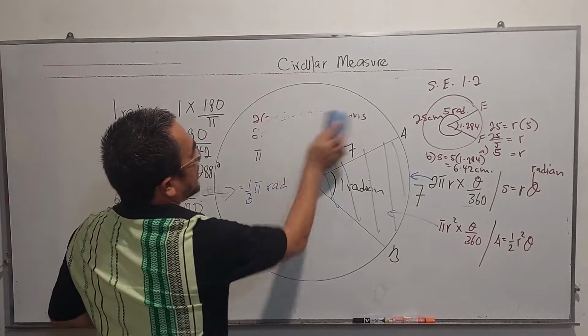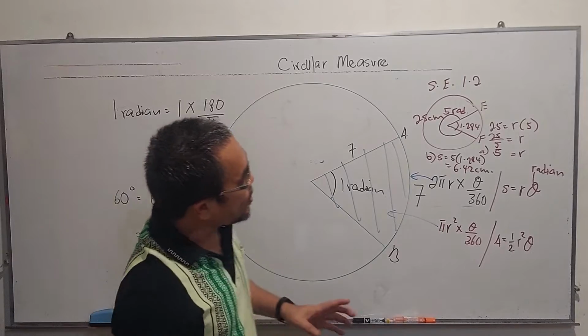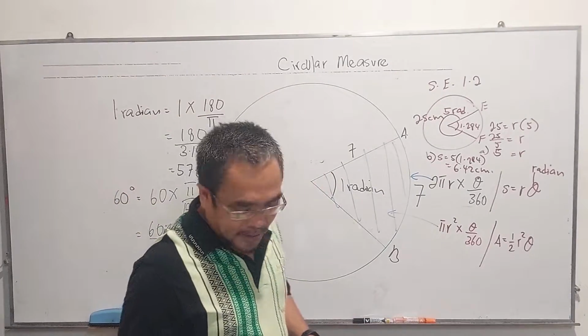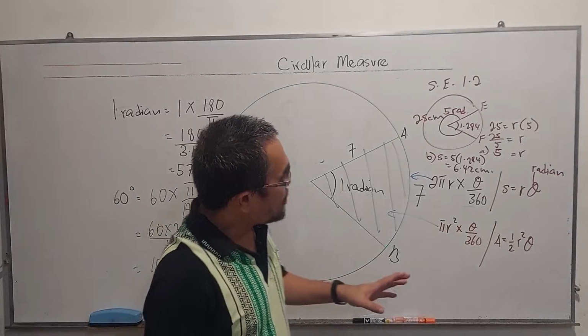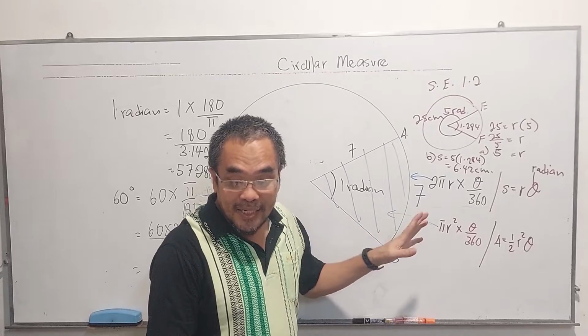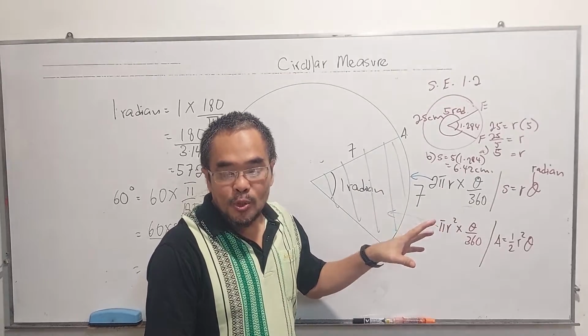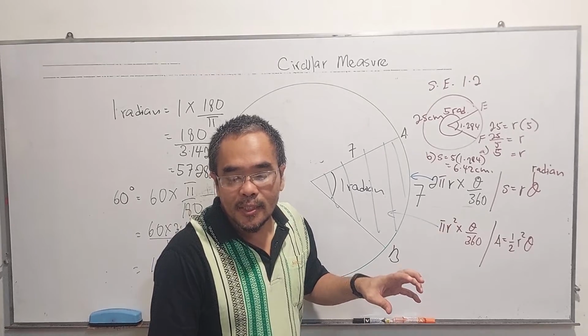So I think I erase this. What is the other important part? This is purely an introduction to the circle, so usually the question will not be totally on the circle.